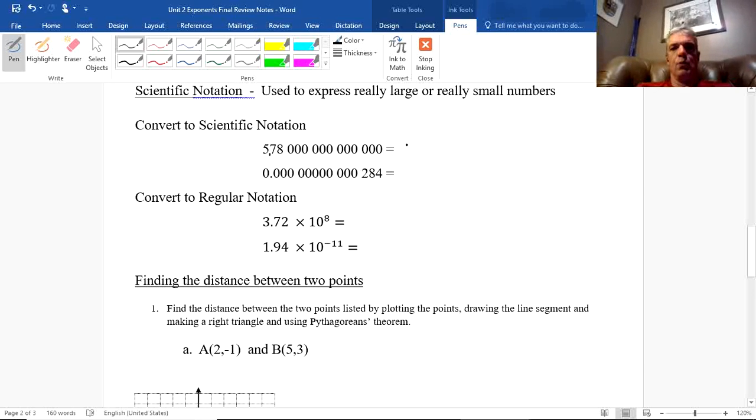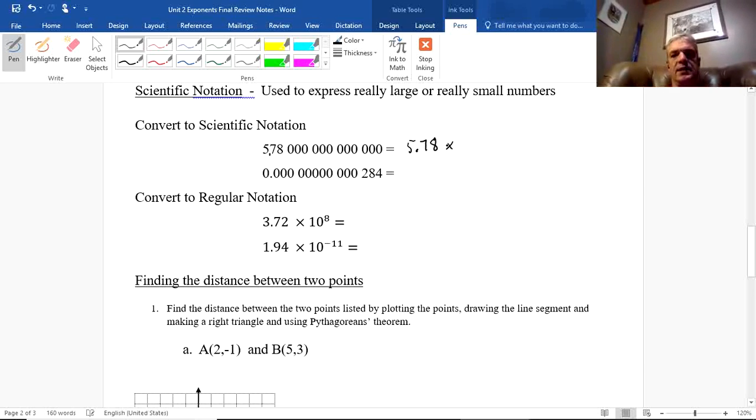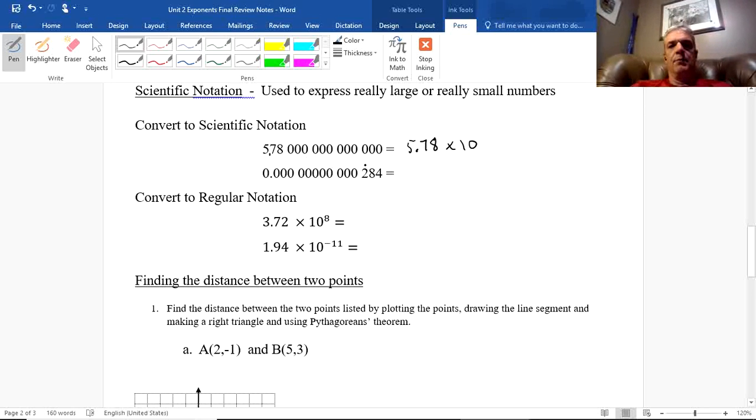So what we're going to do is go 5.78, and then we're going to say times 10, and the number of times we move the decimal place is what the exponent on the 10 is. So I count here and I say, well, if I'm moving it from here to here, 1, 2, 3, 4, 5, 6, 7, 8, 9, 10, 11, 12, 13, 14. So I think 14 times.